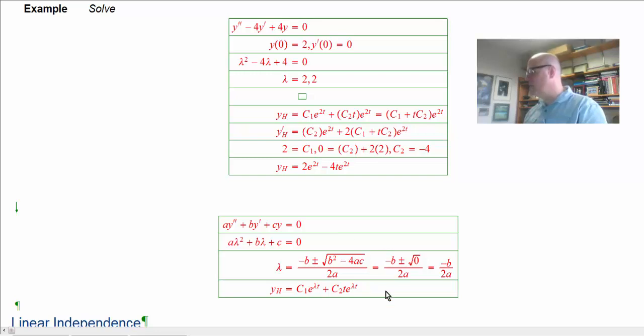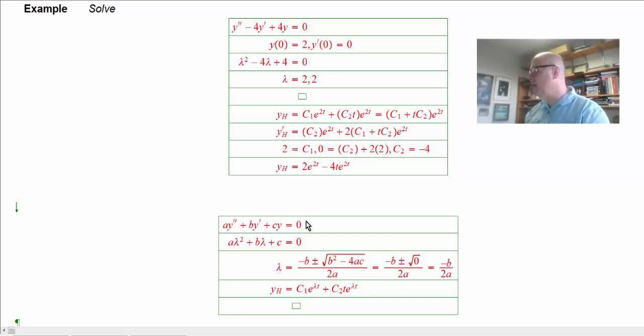That this solves that differential equation. Well, how do I show you that it solves? I've got to sub it into the left-hand side and make sure 0 comes out. So I need the derivatives here. I have y, I need y prime, and I need y prime prime. Do I need to show you that this piece solves the differential equation? We already know that it does.